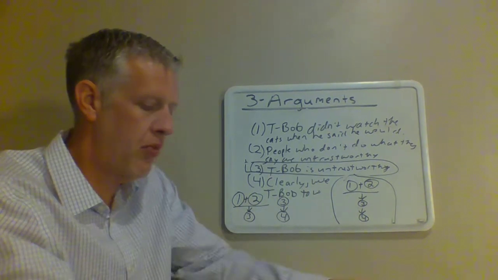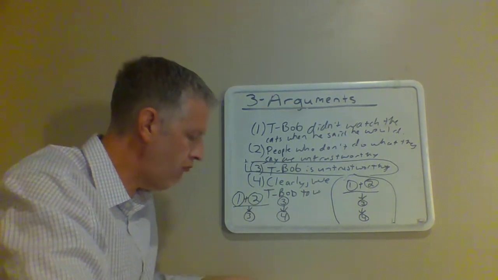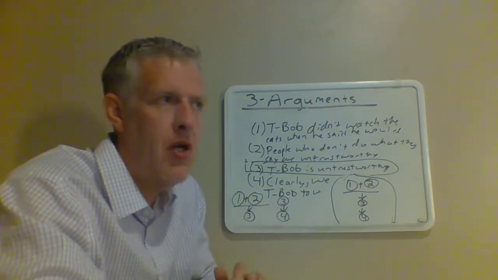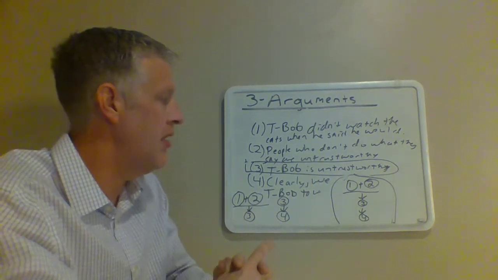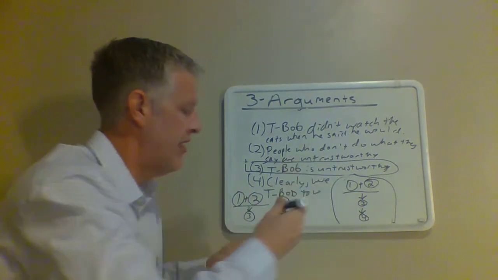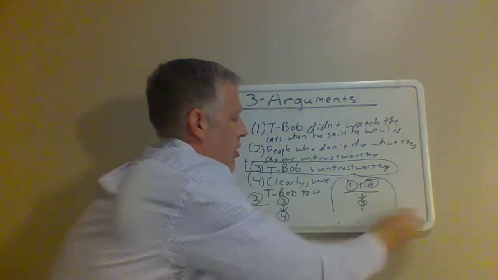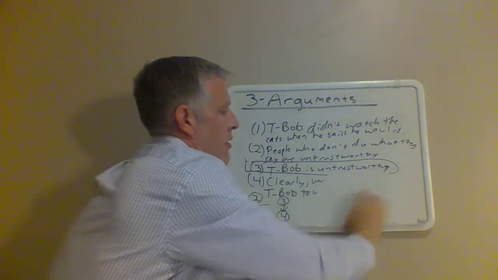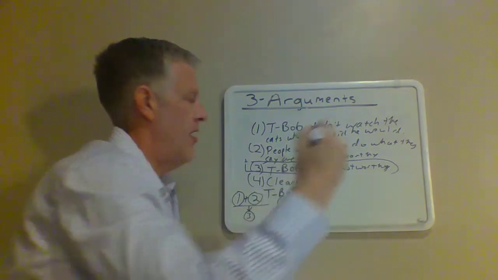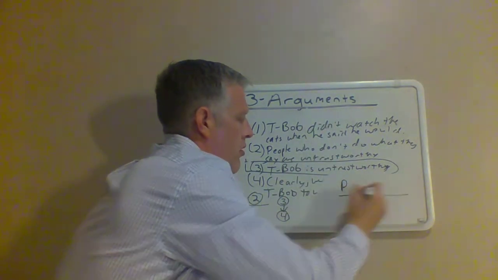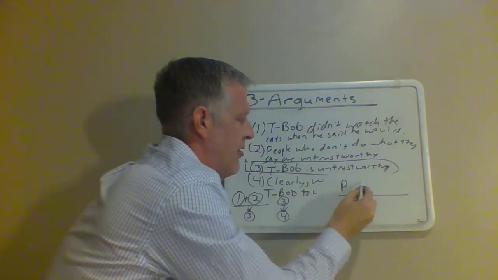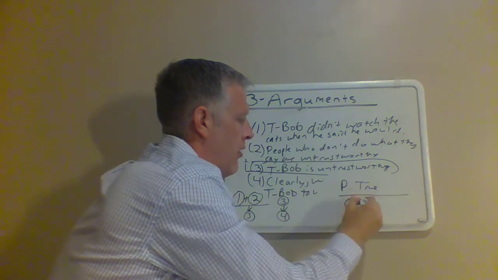Because arguments are never true or false, right? Arguments are always comprised of at least two claims. You always need at least a premise and then a conclusion. So it doesn't make sense to refer to the whole argument as true or false, right? What happens if the premise is true and the conclusion is false?